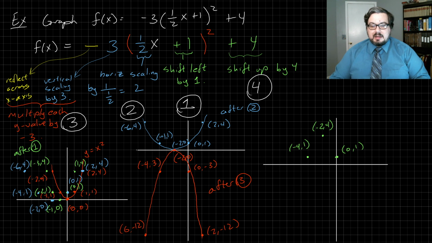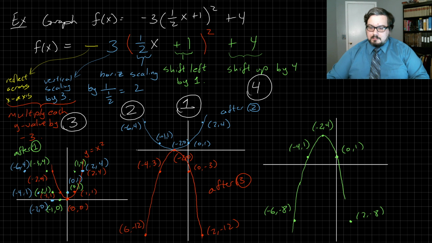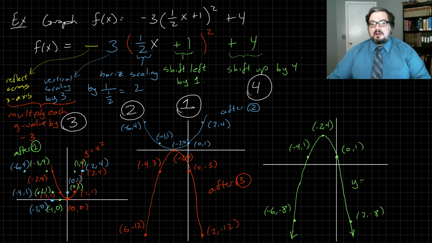And then we'll have 2 comma negative 8. And then negative 6 comma negative 8. And there is our graph of y equals negative 3 times 1 half x plus 1 squared plus 4.